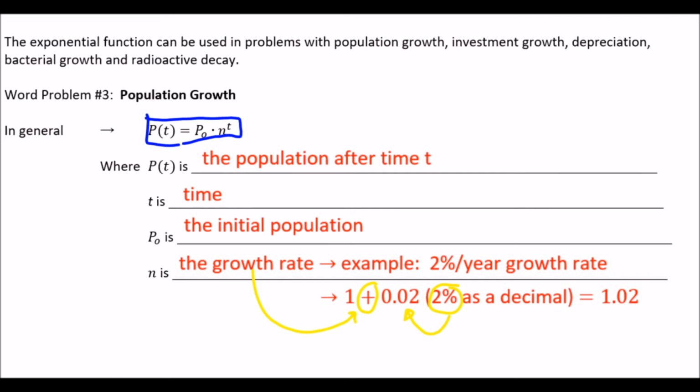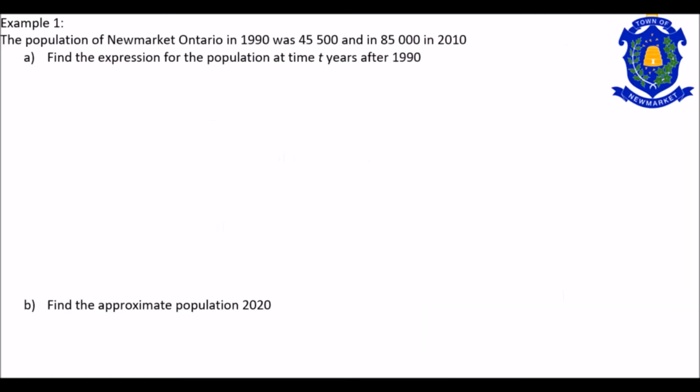All right, let's look at the first example. Here we go, the town of Newmarket. The population in 1990 was 45,500 and 85,000 in 2010. Find the expression for the population at time t after 1990. Since we're going to start here, time is 0.